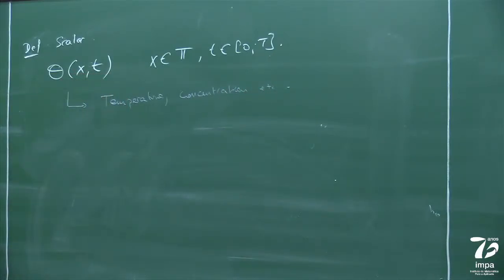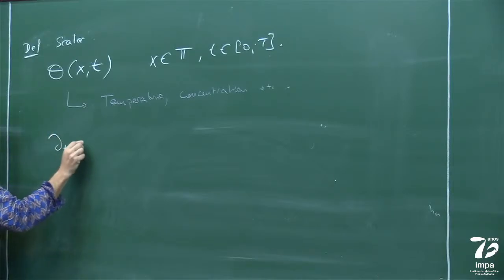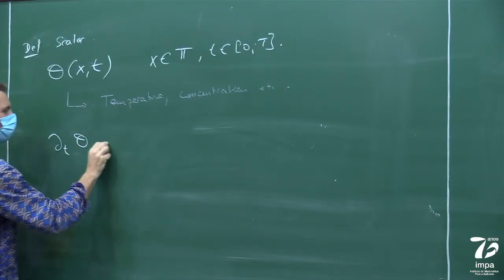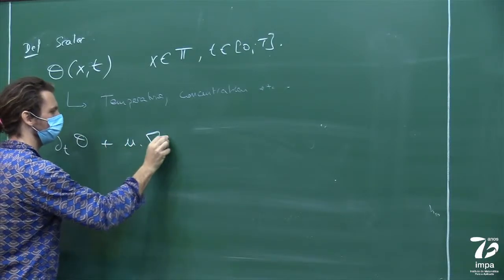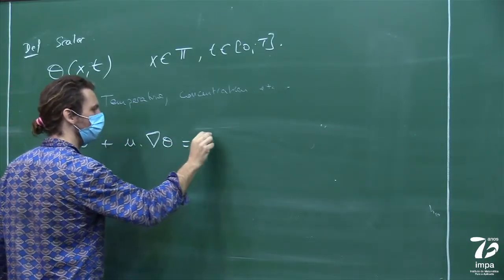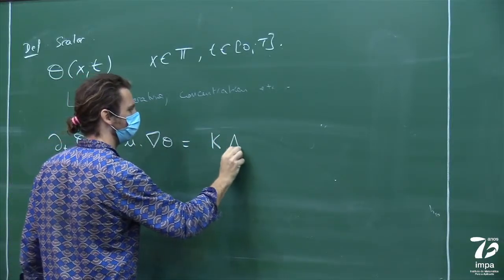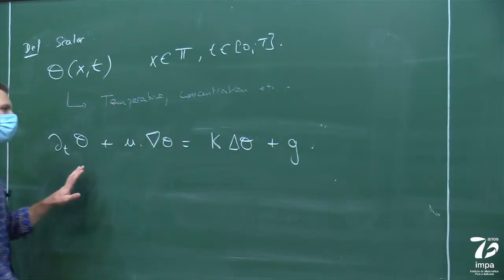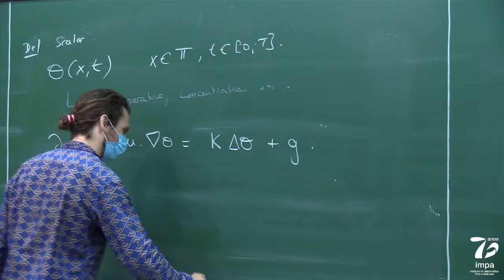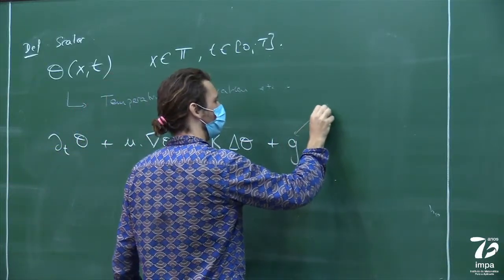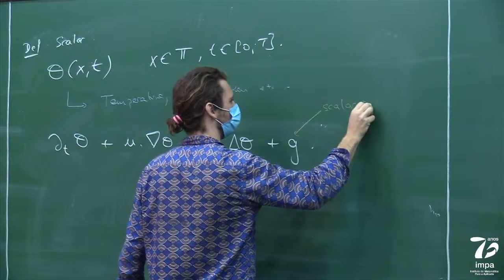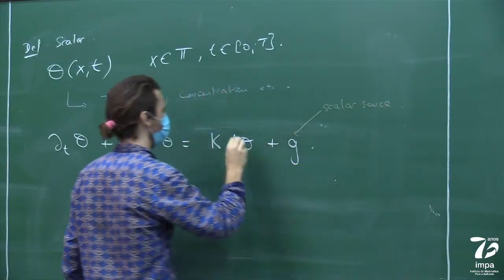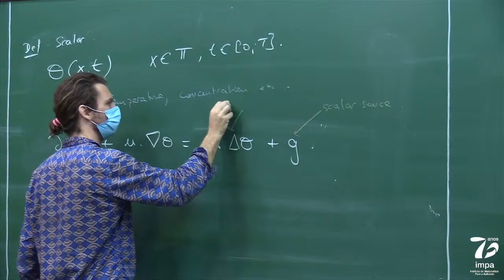And this is what it has to be thought of, which satisfies the scalar equation, d over dt of theta plus u dot gradient theta equals some right-hand side. On the right-hand side, there is a scalar source, and a diffusive term.